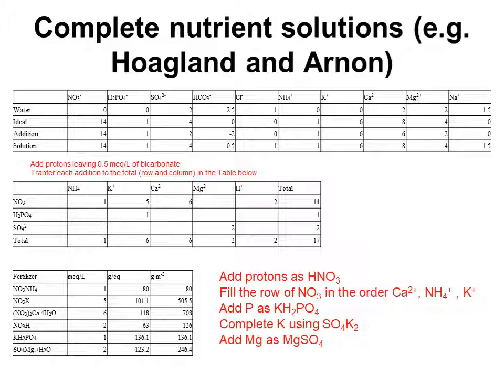So we already know that we will need to add 80 grams of ammonium nitrate to each cubic meter of solution. And for the other cases it will be the same. This is, let's say, a general formula for a complete solution that would fit many crop species.